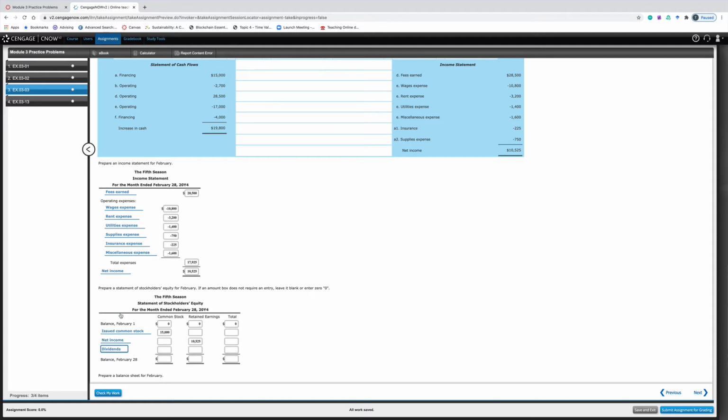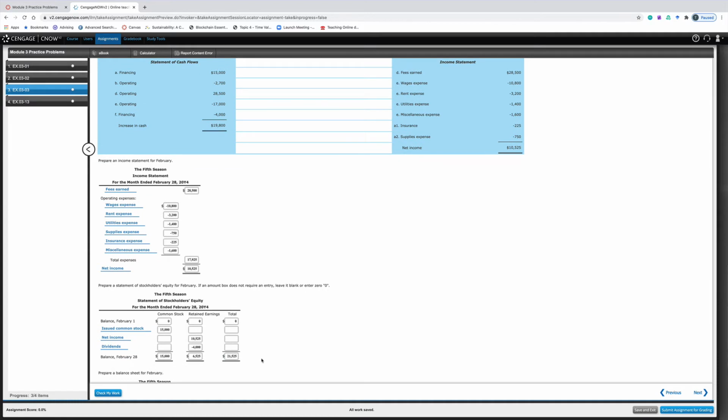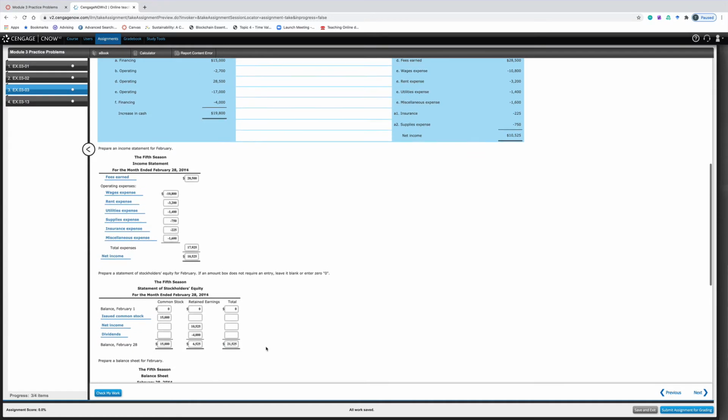And then we issued dividends of $4,000, which means that at the end of the day, we've got a $15,000 balance in stock, a $6,525 balance in retained earnings, giving us a total stockholders' equity account of $21,525. Okay. So that's our statement of stockholders' equity.